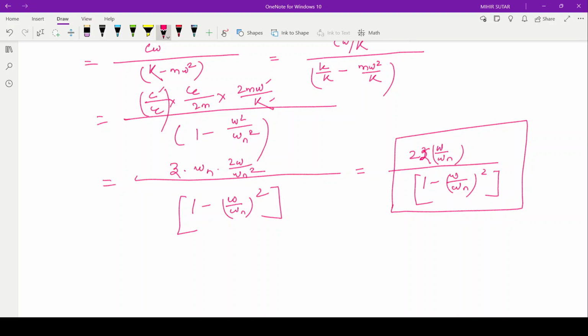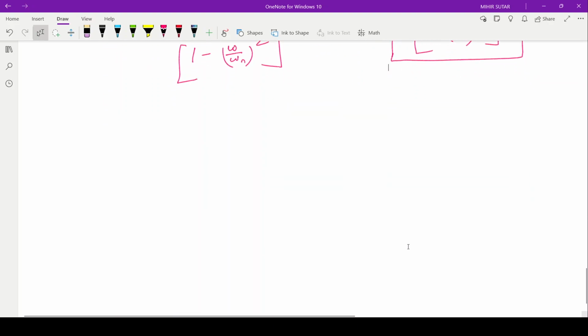Then we have phi, the phase angle. Phi is basically tan inverse of 2 zeta omega by omega n divided by 1 minus omega by omega n square.